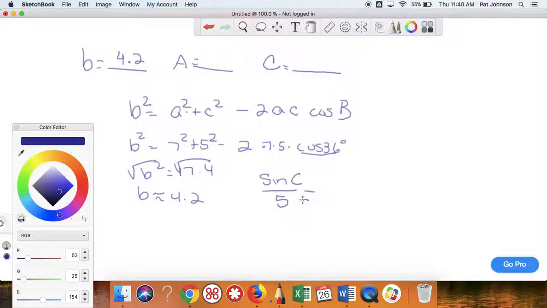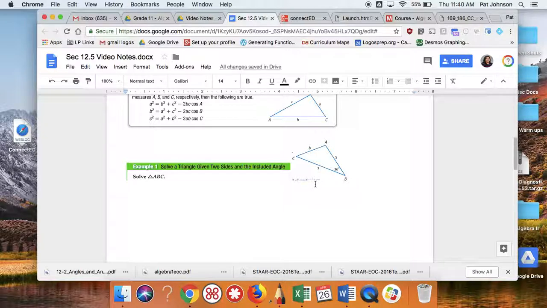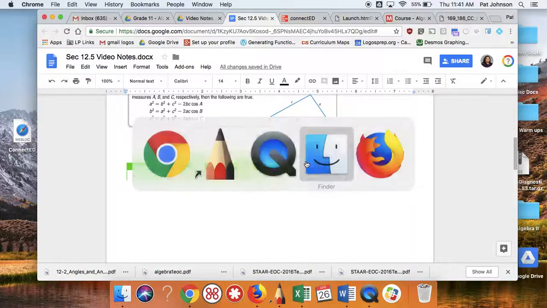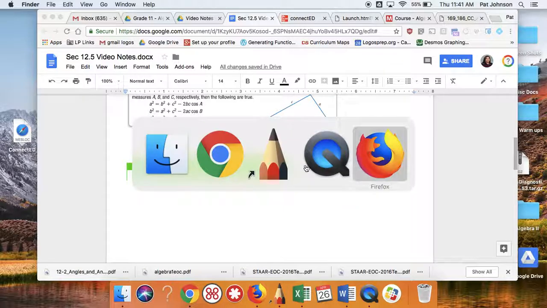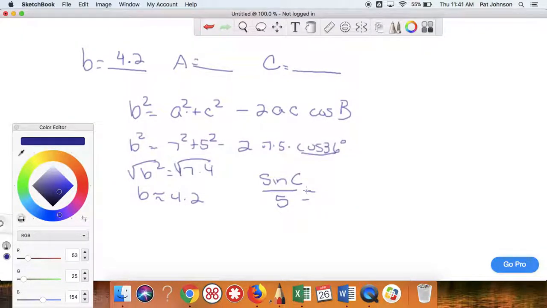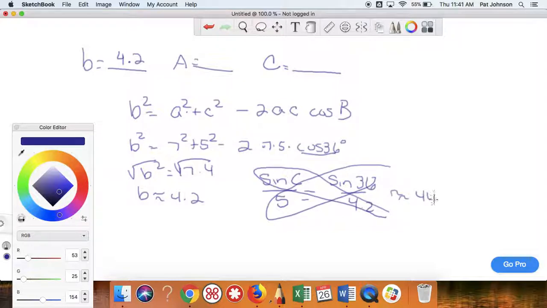How do we know that that is the smallest? Well, of the two sides, 5 and 7, 5 is smaller and it's across from angle C. So sine of C over 5 equals sine of 36 over 4.2. Now we just use the cross butterfly method and we solve.